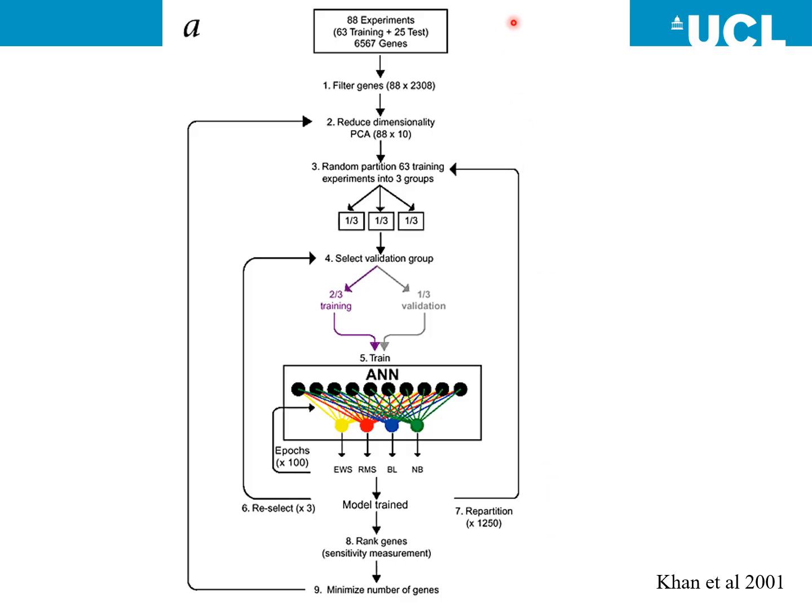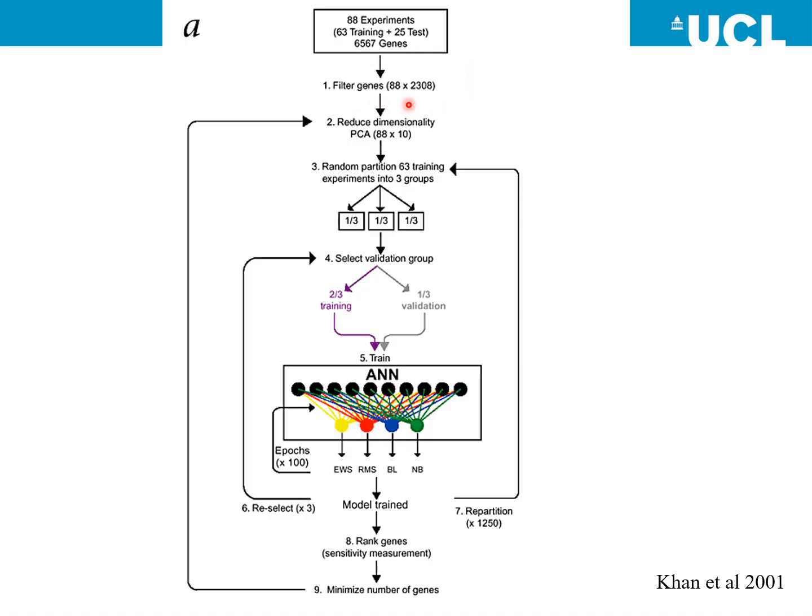You'll recognize it as a classic machine learning prediction approach. They only had 88 experiments, 88 patient samples. They used 63 for training and 25 as out of sample test samples, and they only had 6,567 genes. These are human samples, but this was 2001, before next generation sequencing, so they were only measuring about 6,500 gene expression levels.